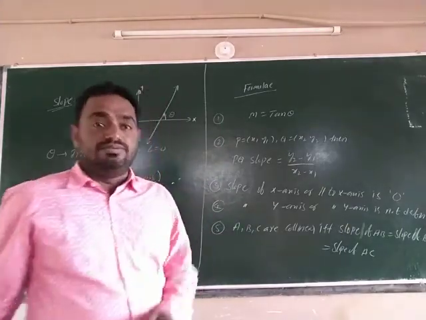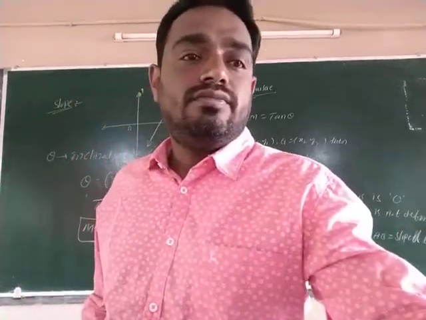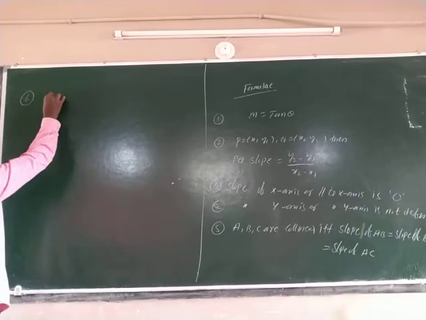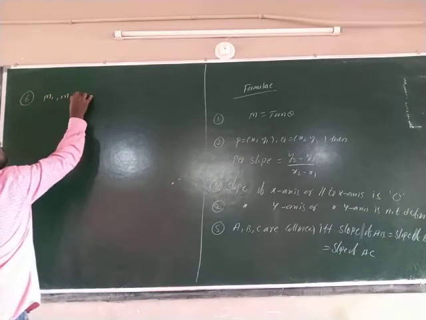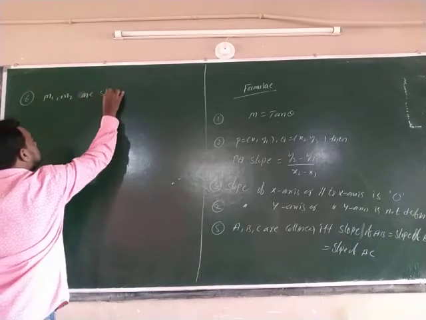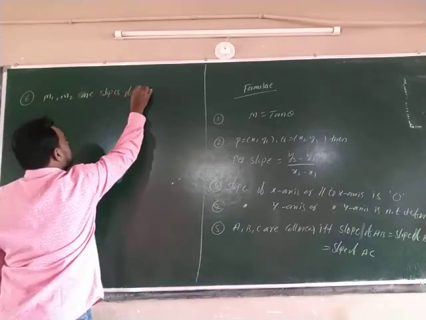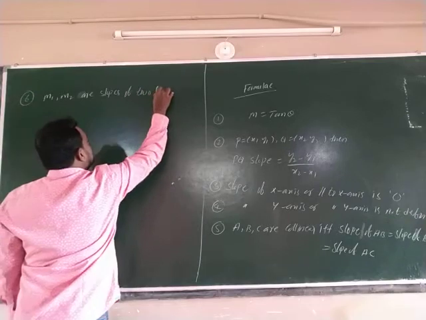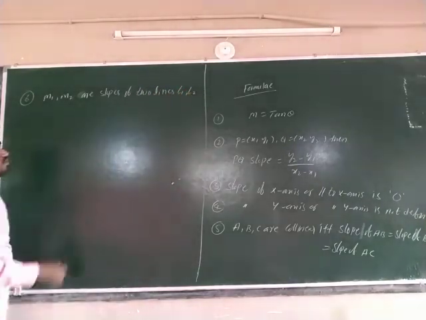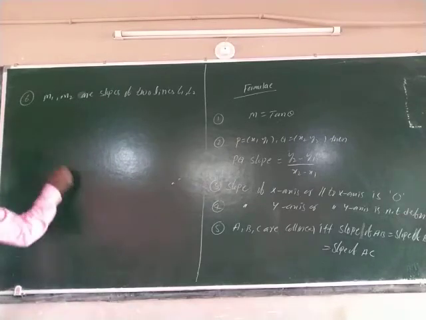Next, m1 and m2 are the slopes of two lines L1 and L2.